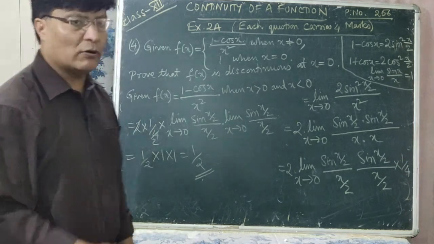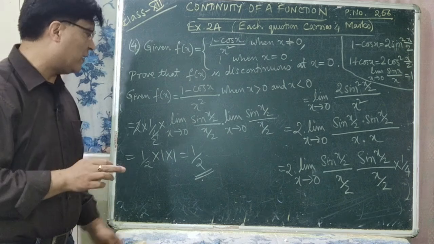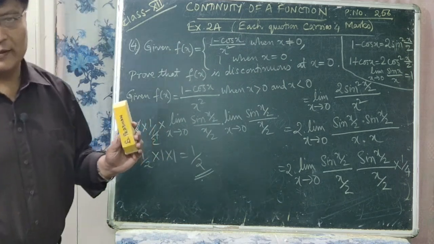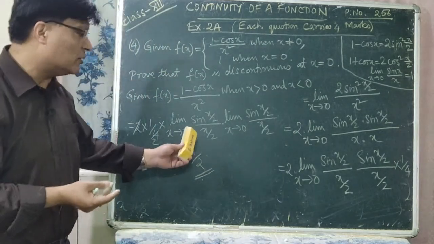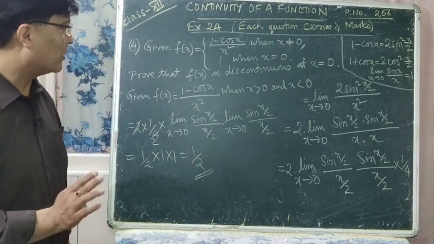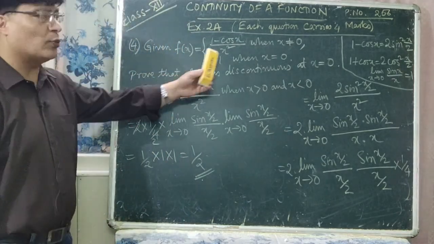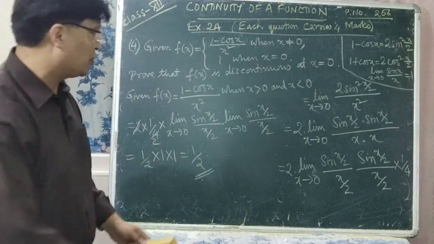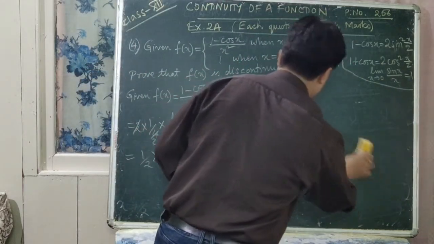That means we got the value of the limit, that is limit x tends to 0, f of x is equal to half. That is both right hand limit is equal to left hand limit is equal to 1 upon 2. Okay. Now you should find out the value for f of x when x exactly equal to 0. Now let us write here at x is equal to 0.